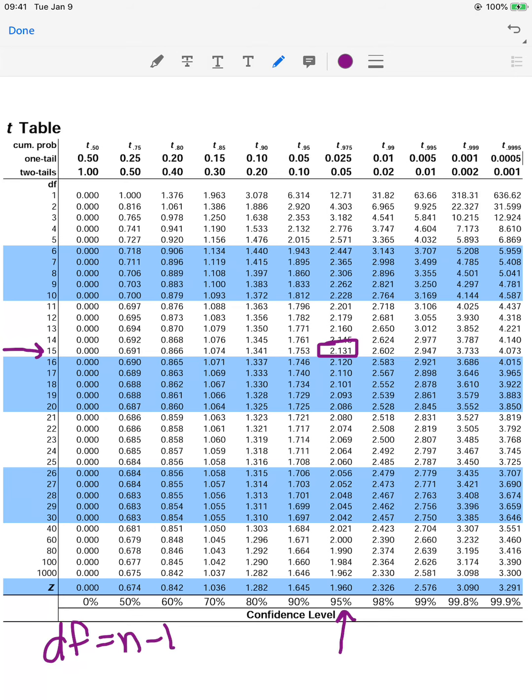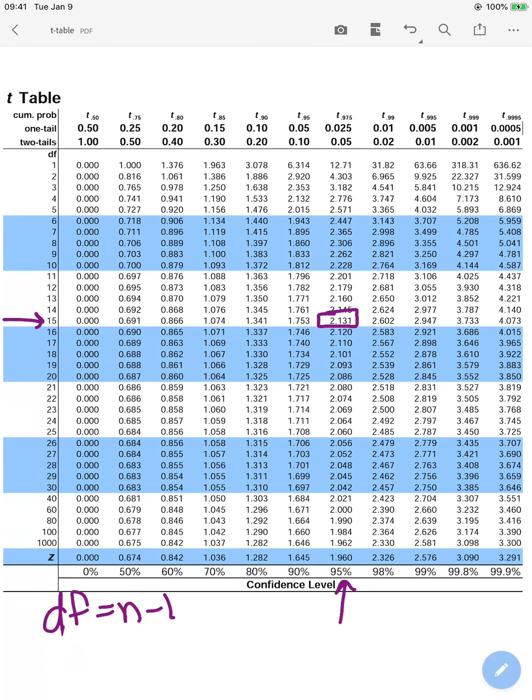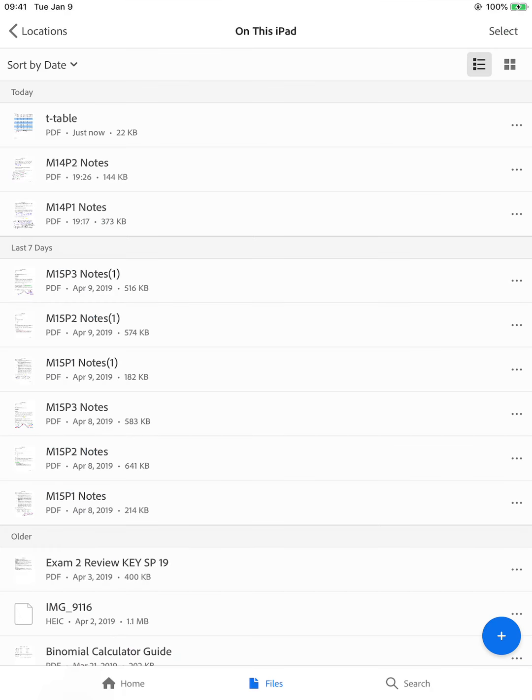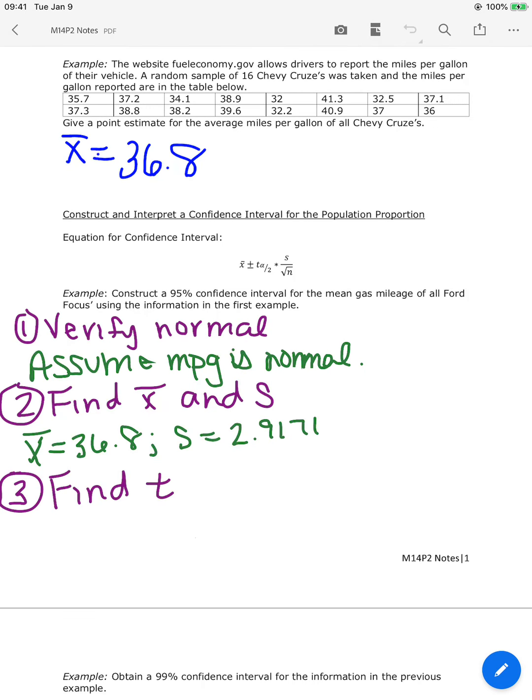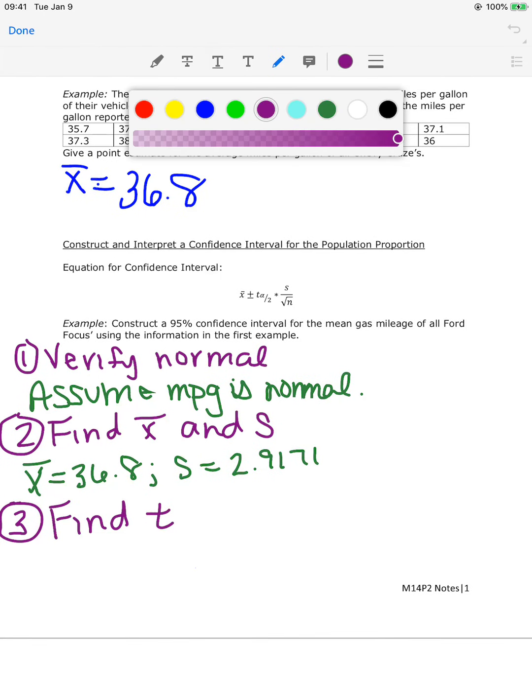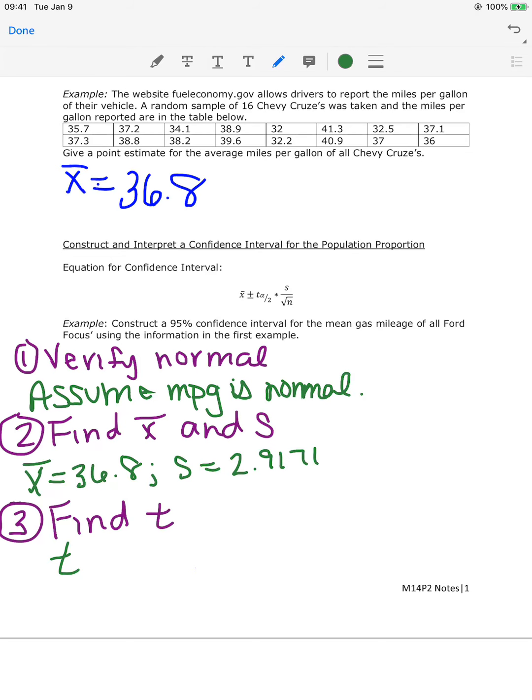So we have a t-value of 2.131. I'm going to come back and write that down, 2.131, so I don't forget it. I probably will. All right, t equals 2.131. And now I have all the information I need, so I can plug everything in.